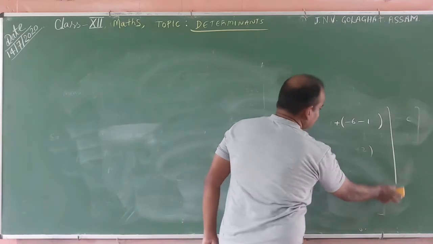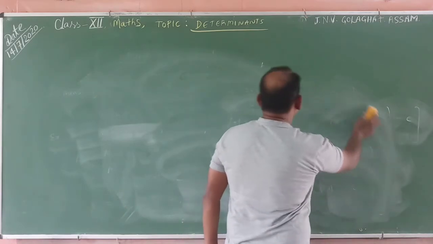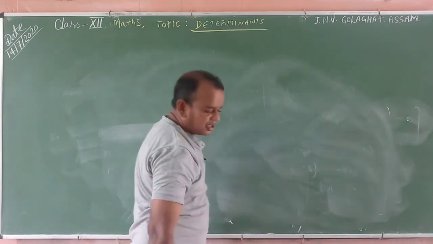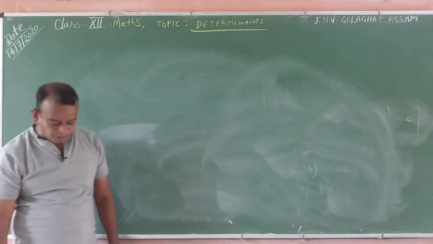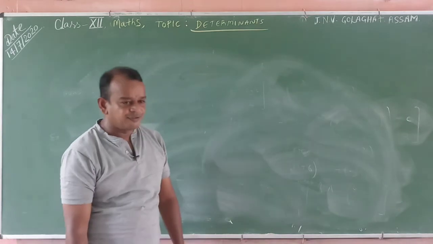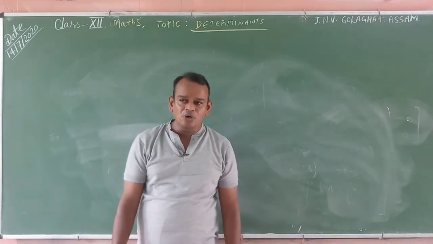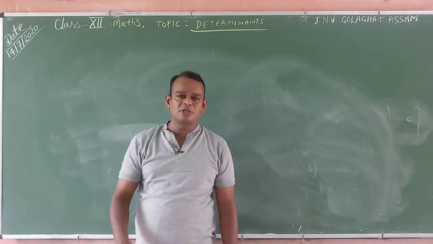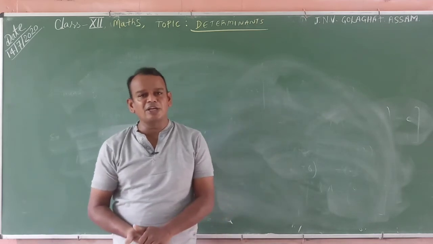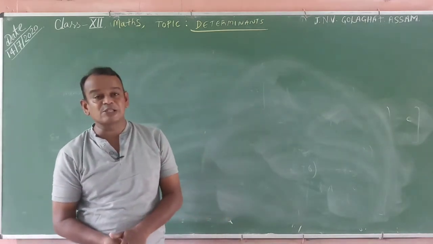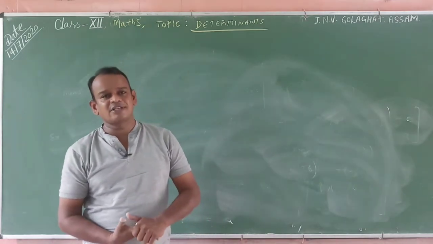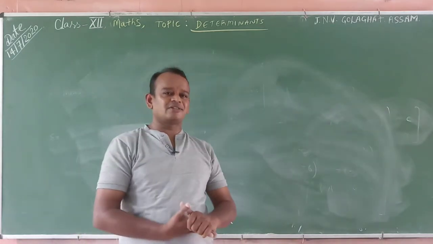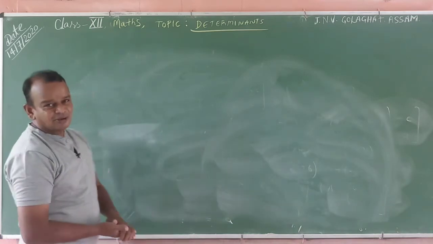The determinant of a square matrix of order 3 by 3 is the sum of the product of the elements of any row or column with their corresponding cofactors. With their corresponding cofactors is called the determinant of the square matrix. Understand? I think you cannot understand.